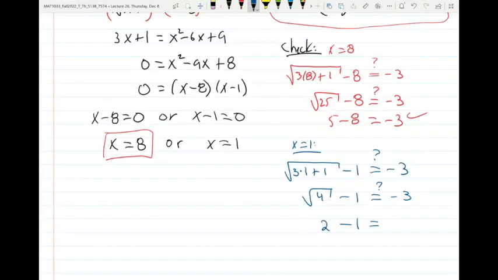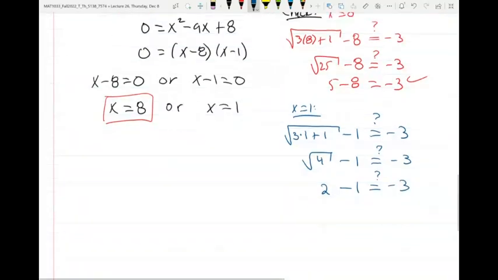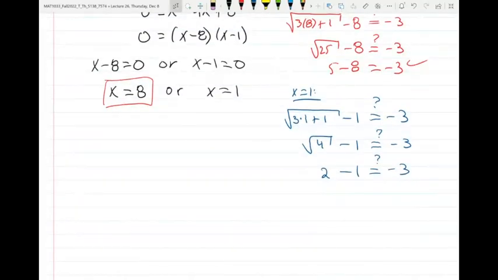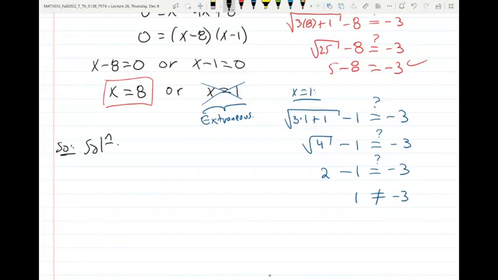So we get 2 minus 1. Is 2 minus 1 the same as negative 3? Well, what's 2 minus 1? 1. Is 1 the same as negative 3? No, it's not. So what does that mean? It means that this guy is not a solution. Okay? Remember, we call it extraneous. So x equals 1 is not good. x equals 8 is okay. So we only have one solution, namely 8.